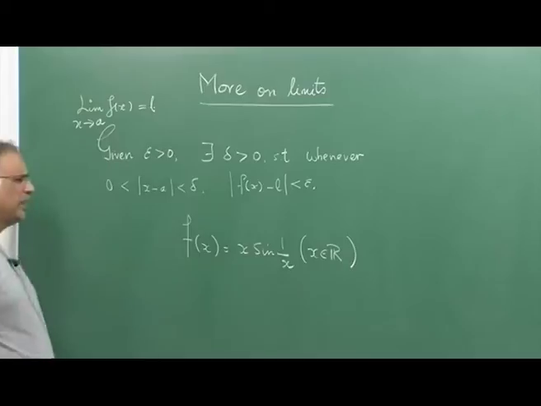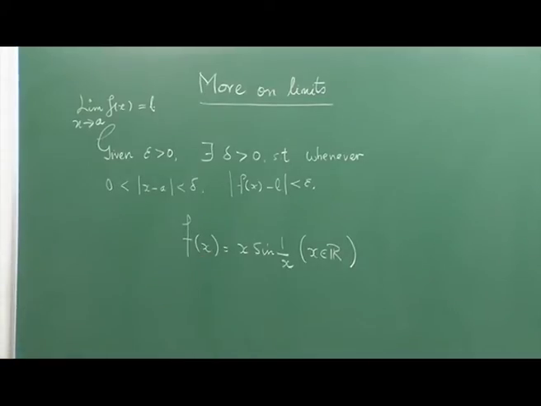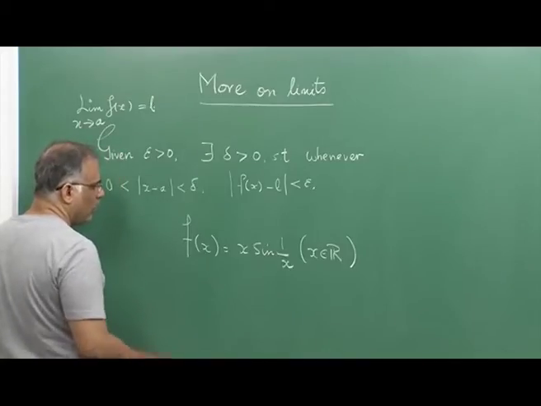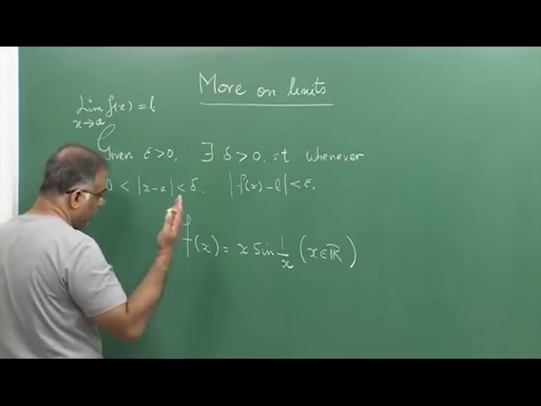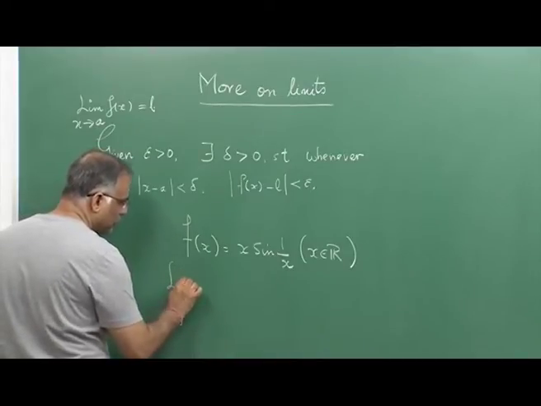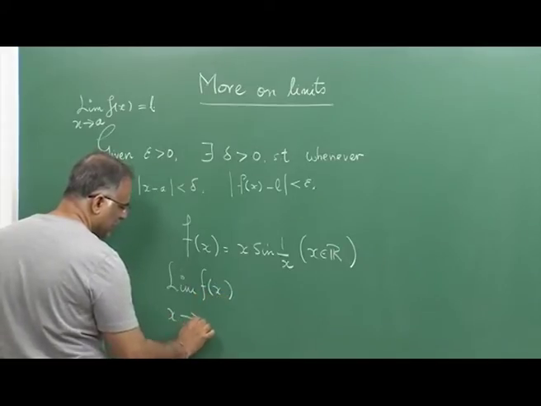Of course, you know that this function is not defined at x equal to 0, because 1 by x would blow up. So, if it is not defined at 0, what would happen if I take the limit of f(x) as x tends to 0?